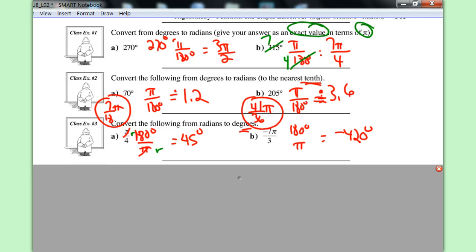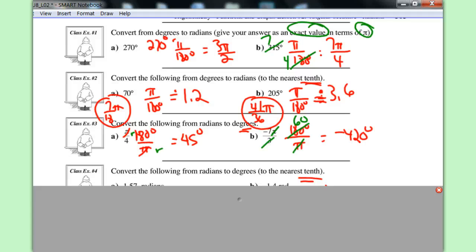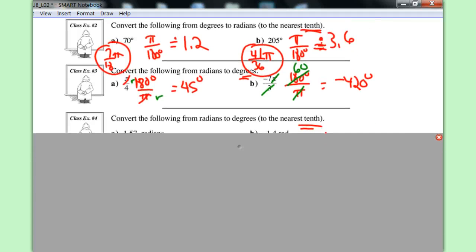And when you multiply minus 7 pi over 3 by 180 over pi, I'm not showing all my work, but the pi's cancel out. And if you reduce this fraction, 3 goes into 180 60 times, and 60 times minus 7 is minus 420 degrees. Okay, so that's what's going on. And that's as an exact value.